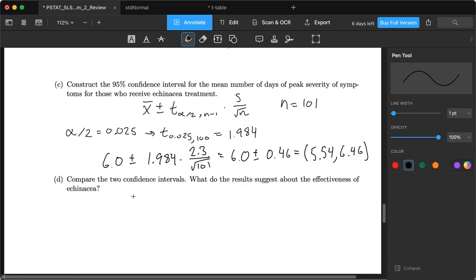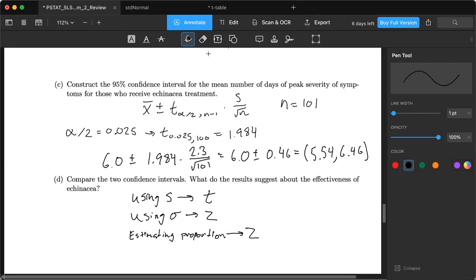So if you're using S, that means T. If you're using the population standard deviation, you use Z. And if you're doing a proportion, you use Z. So I'll also say that. Estimating a proportion, you use Z.